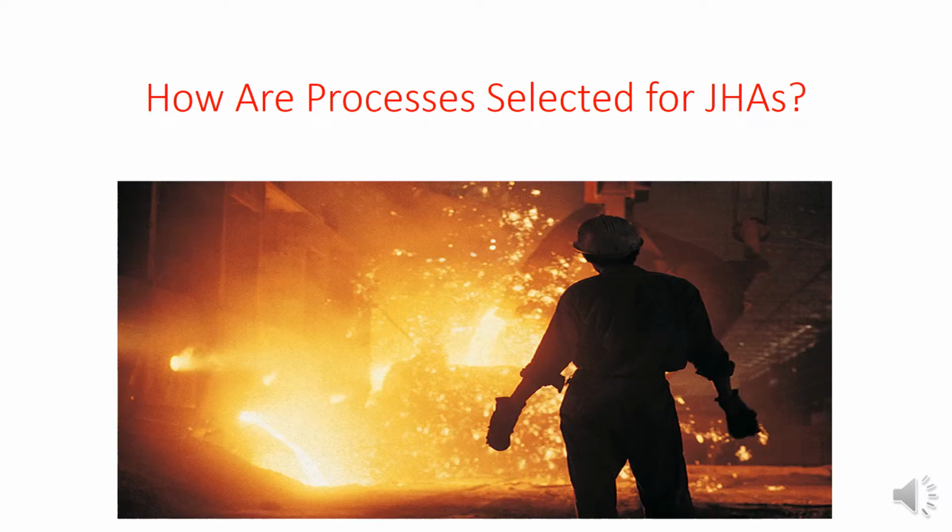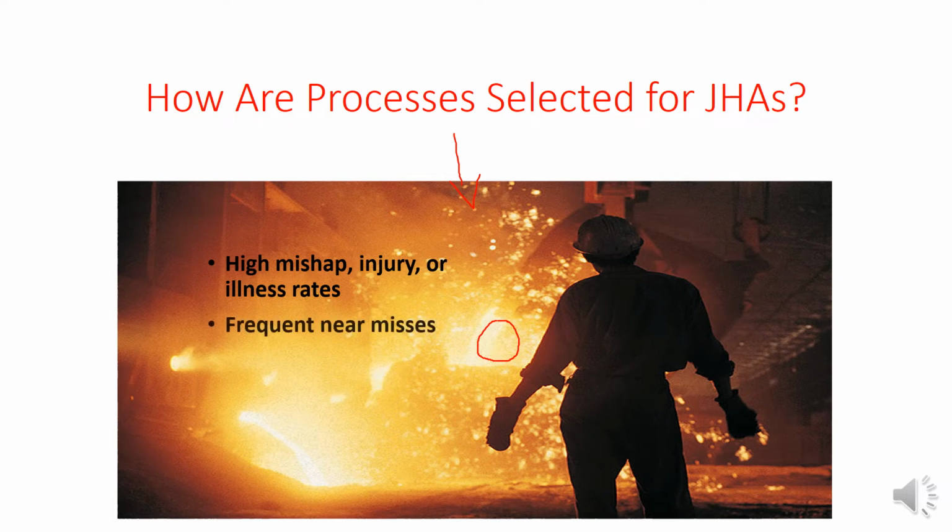So, how is a process selected for job hazard analysis? The question remains. Look at the manufacturing of steel in the photographs that I've already put in front of you. The temperature is high, and mishaps, injuries and illness are waiting to happen. Look at the temperature out here. It is approximately 2000 or 3000 degrees centigrade, and the person is standing in front of it. This is a hazardous place altogether in the first place.